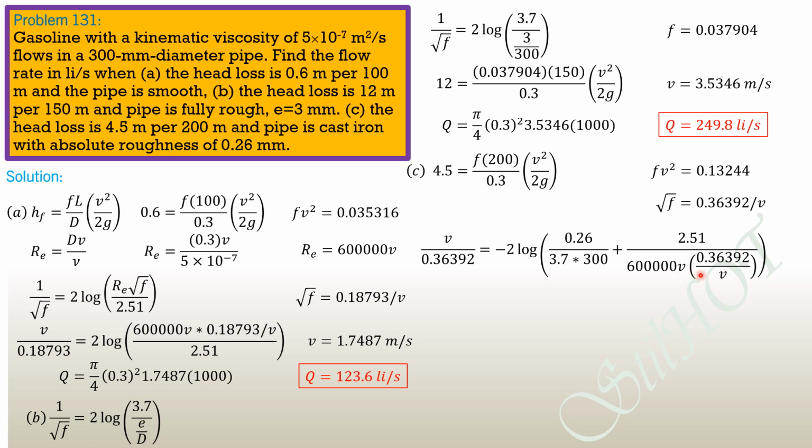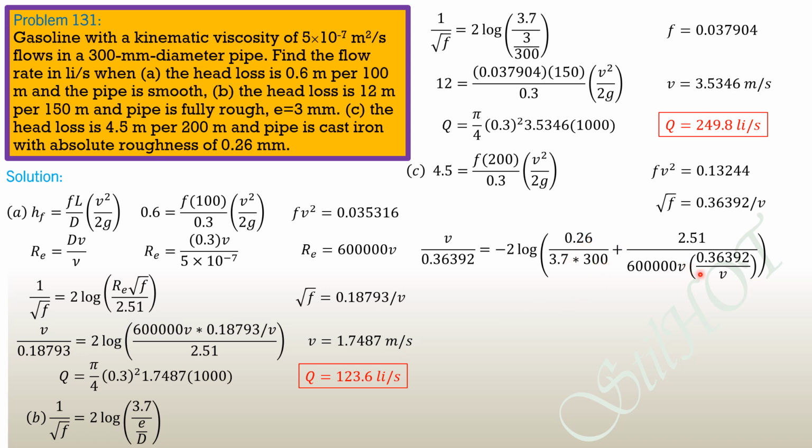So it is a combination of the smooth pipe formula and the fully rough pipe Colebrook equation. Because a negative sign precedes it here, we have to invert this formula, so this is also inverted. That's why we have E over 3.7D here.